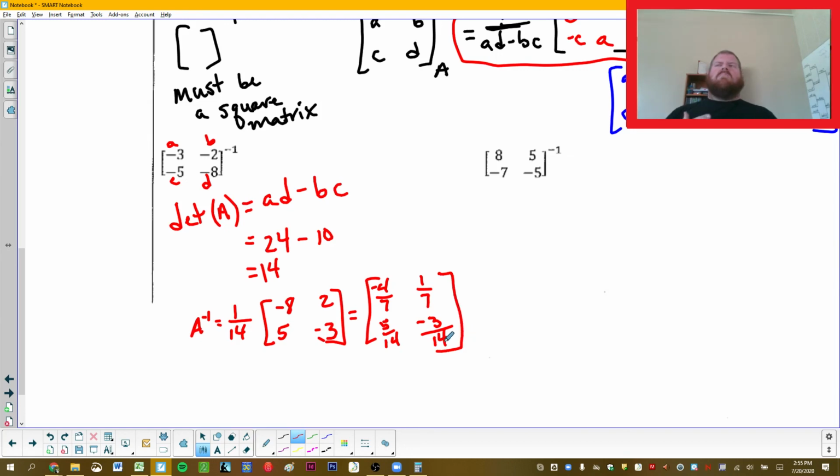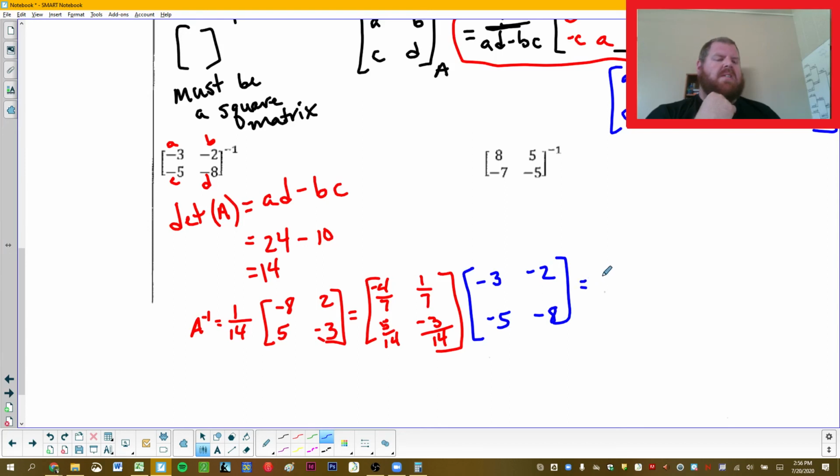And again, what significance does that have? If I were to take this and multiply it by my original matrix, and in fact in this multiplication it doesn't matter the order, only in this problem. In typical matrix multiplication, the order does matter, but in this case it doesn't. If I multiply this by this matrix, and I'll let you do it in the interest of time, I'm guaranteed that I'm going to get the identity matrix back: 1, 0, 0, 1.